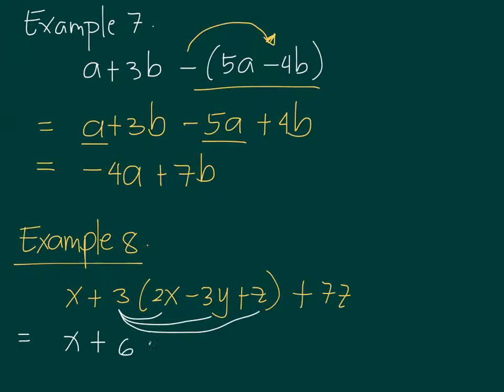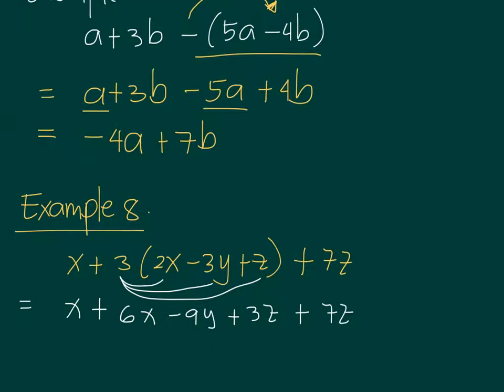So we have 6x minus 9y plus 3z, and then we copy plus 7z. Then after that, we just have to combine similar terms. So we can combine x and 6x into 7x. We don't have other expression with a y, so we copy minus 9y. 3z and 7z will be combined into 10z. Okay, so that's how you simplify example number 8.